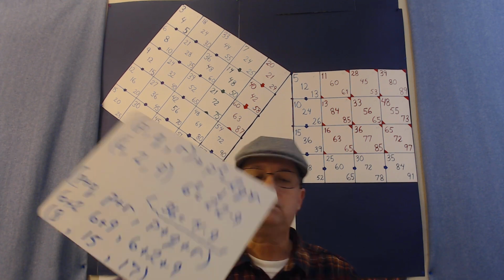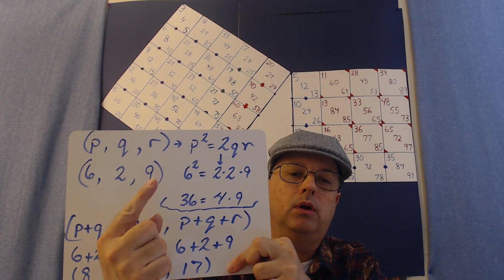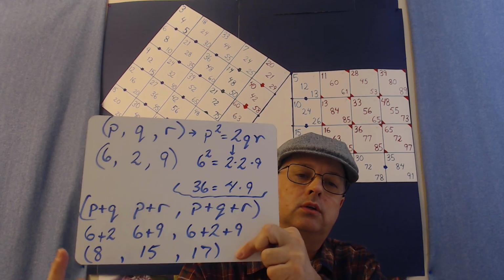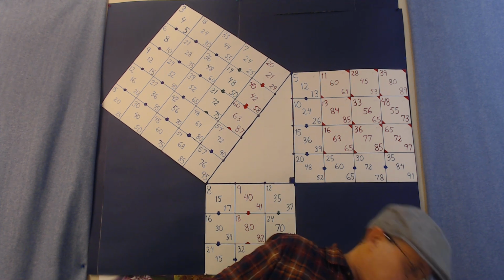And then 6 plus 9, that's 15. And then 6 plus 2 plus 9 will be 17. Okay? And so by picking this combination of P, Q, and R according to this condition, I have generated the Pythagorean triple 8, 15, 17, which we talked about just a moment ago, right?